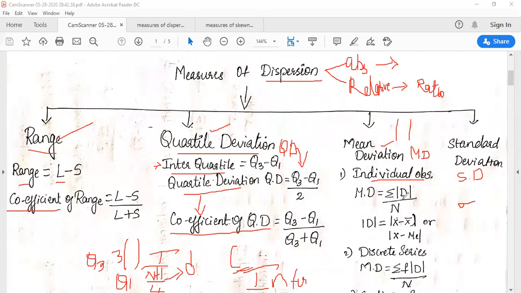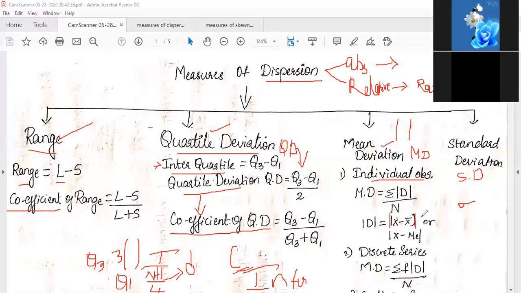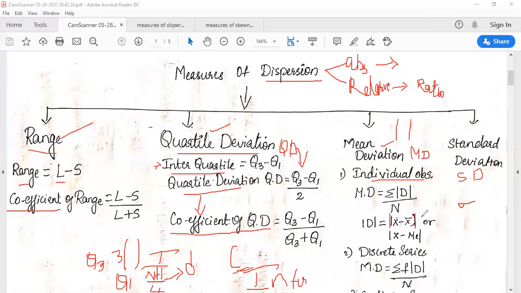Now how do we find modulus d? We can find it by x minus x bar, but that also is supposed to be modulus in nature. So x minus x bar is nothing but we are finding the deviations. You're supposed to find the arithmetic mean, x bar, and then find the deviations from the x bar.